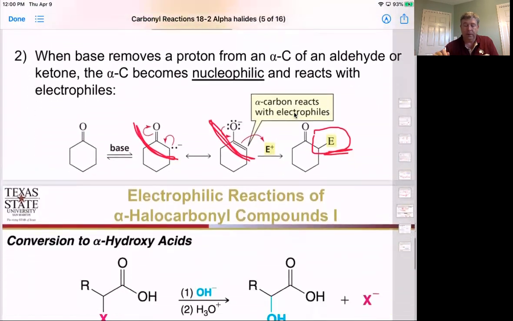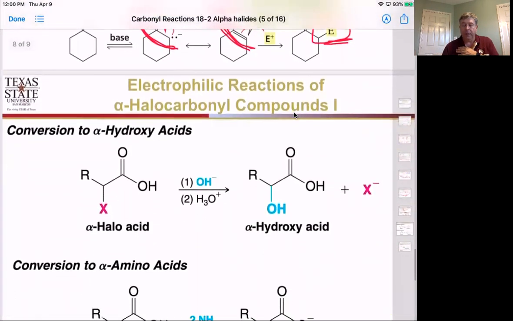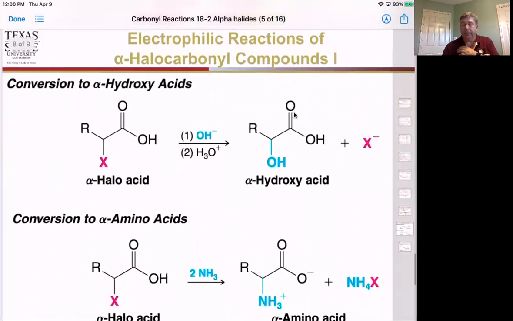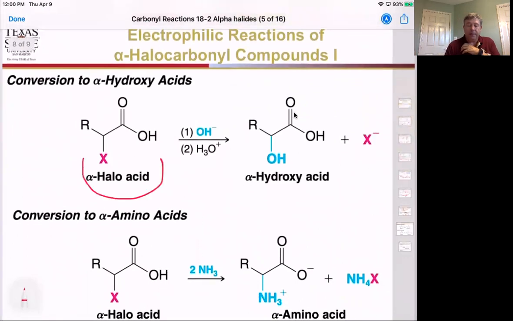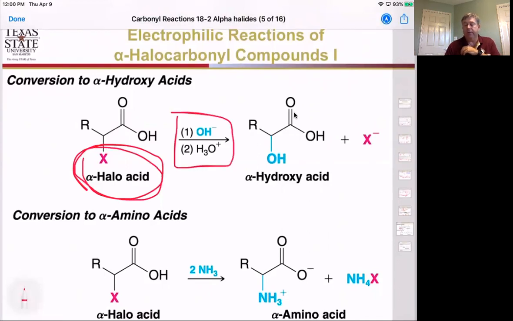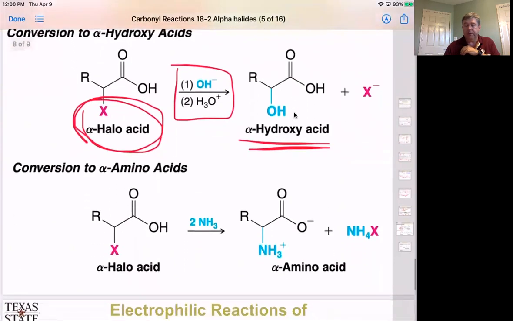Okay, so how can we use that? If we can generate this alpha halo acid, then we can attack it with any nucleophile we want, and it'll attack specifically at this alpha position. For example, if we use hydroxide as our nucleophile, we can get our alpha hydroxy acid generated from the system.